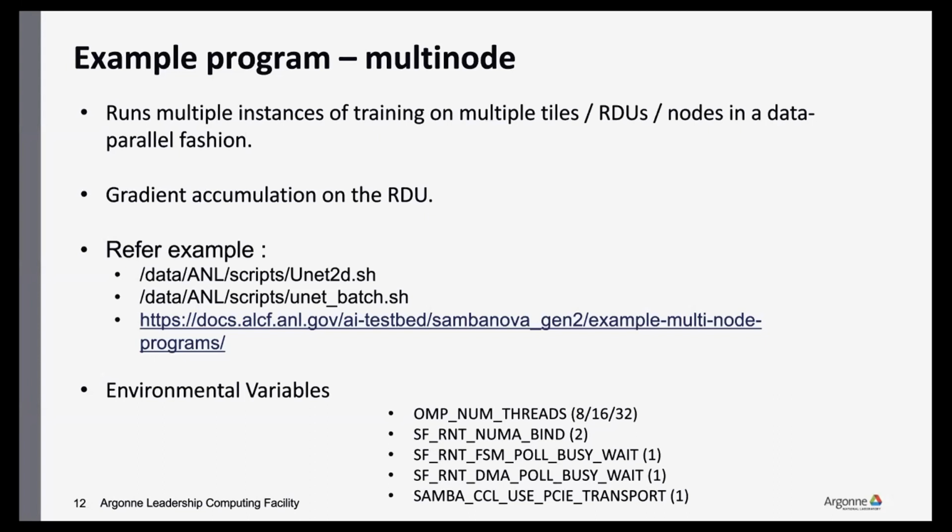Specifically, the number of OMP threads, which we usually set to around 8, 16 or 32 based on the requirement and the complexity of the models. There are several other environment variables that are set, and you can reuse them in your scripts too.